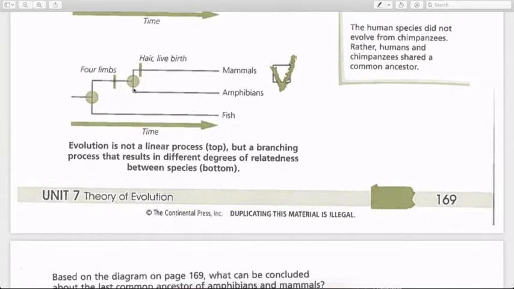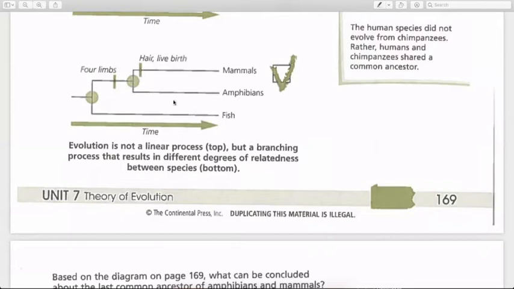And then shared ancestor between amphibians and mammals, some of them through natural selection started developing better limbs for more walking, less swimming, started developing hair, giving live birth. So that group became mammals, and the group that stayed mostly the way they were stayed amphibians. So now we have fish, amphibians, and mammals all branching out.